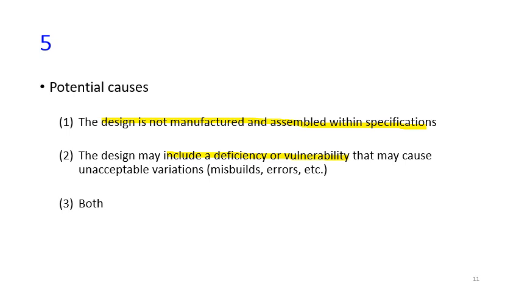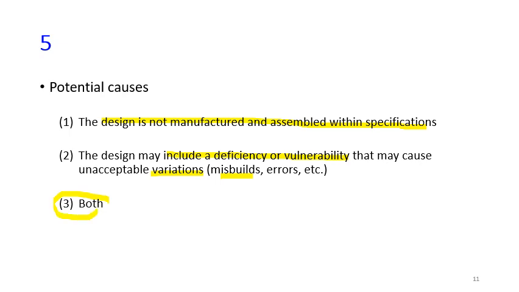So there is something in the design itself such that the variation of the components or the products that is produced can be very high, which causes misbuilt and misassembled products, errors in the assembly, and so on. And sometimes both causes happen.